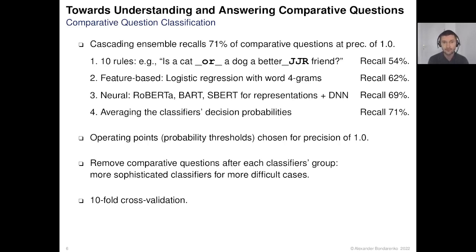And starting from feature-based classification, in our case, a logistic regression, we chose the operating points in terms of probability thresholds of the classifier such that we keep the classification at the precision of 1. So combining all the steps, rules, feature-based, neural, and at the end averaging the classifier decision probabilities, all in all, our ensemble recalls more than 70% of comparative questions.